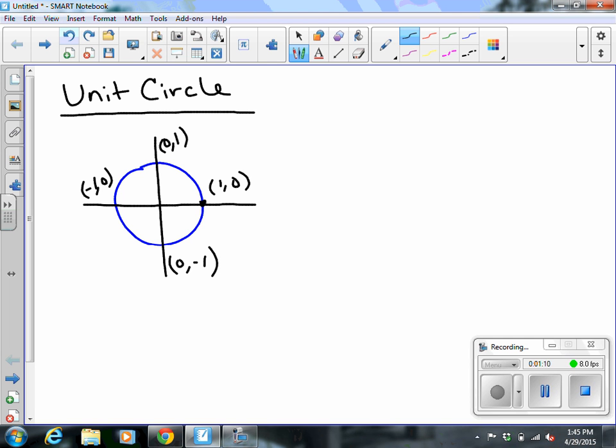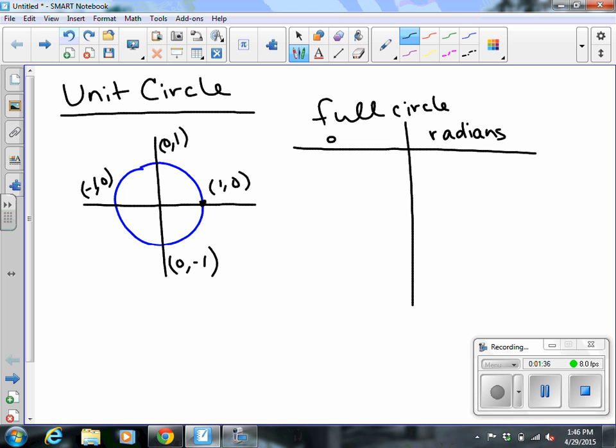Based on this, a radian, like I said, is another way to measure an angle. So a full circle in degrees we know is 360.